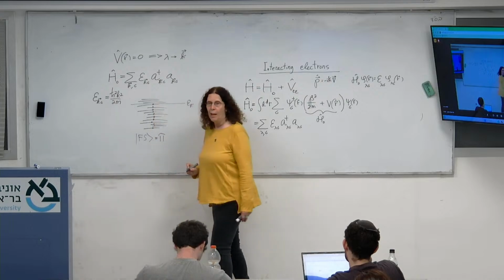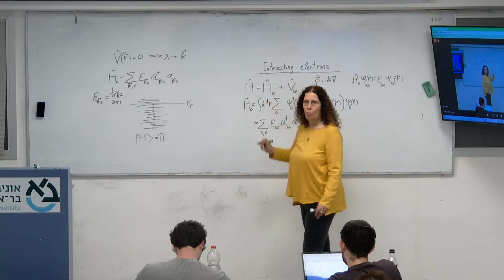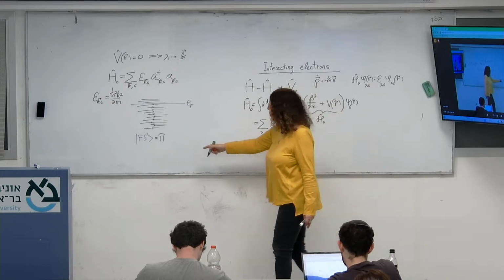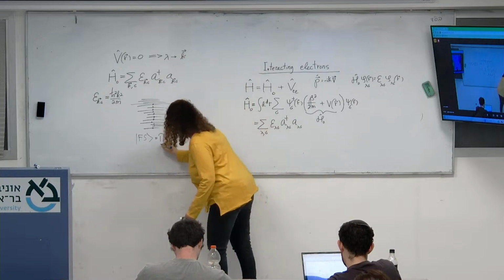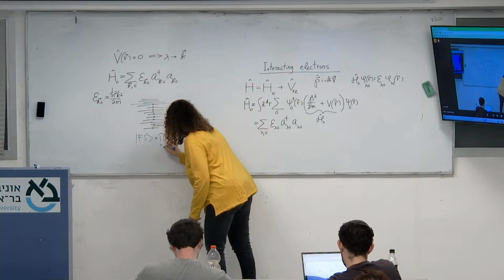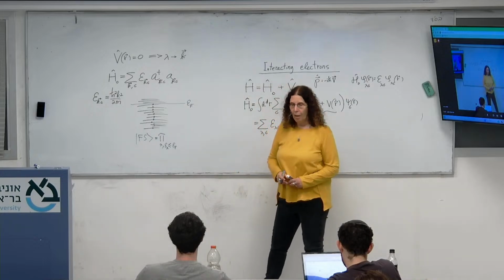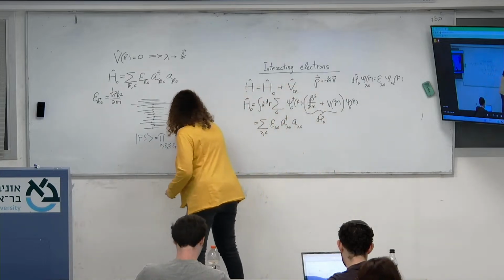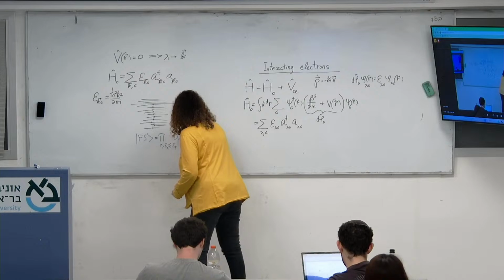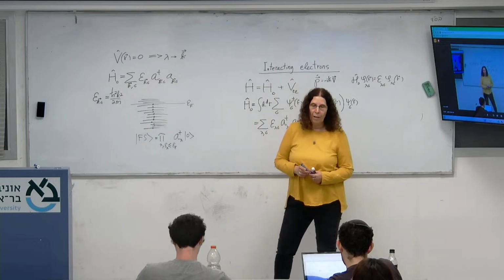I write it as a product over lambda. Let's not think about the K necessarily. I want to write something more general, but of course it applies also when lambda is K. So every lambda where epsilon lambda is bounded by the Fermi energy is occupied once, and all that is acting on the vacuum, right?